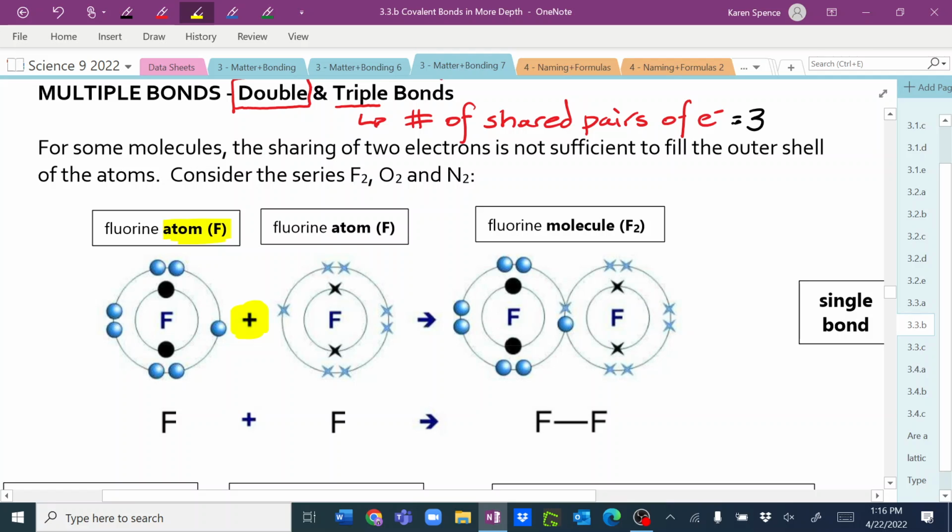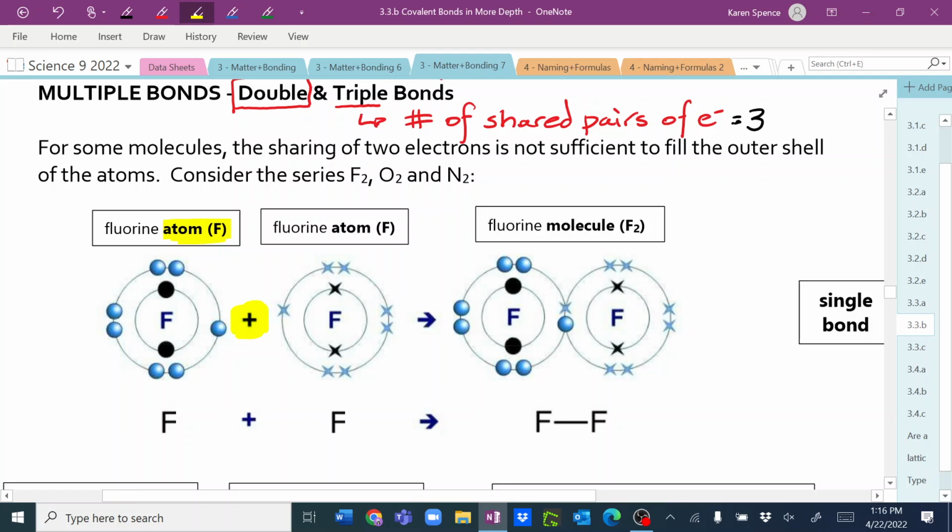And when we combine the two, they become a fluorine molecule. What type of molecule is fluorine? F2. That is a diatomic.